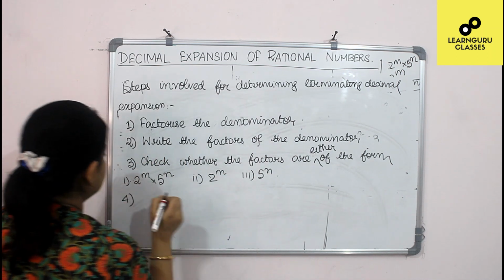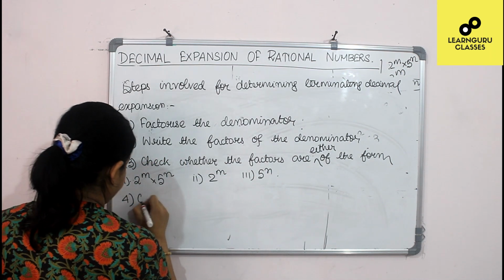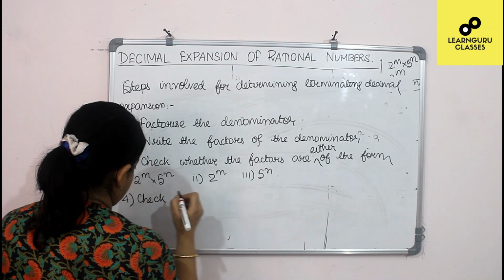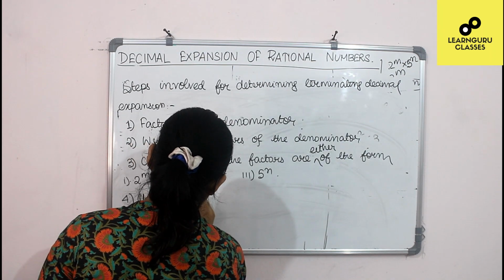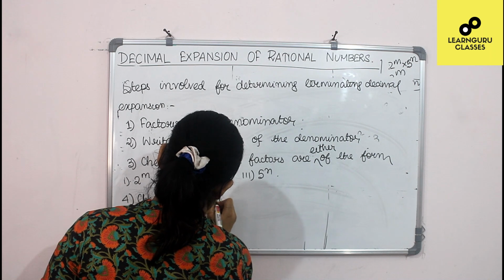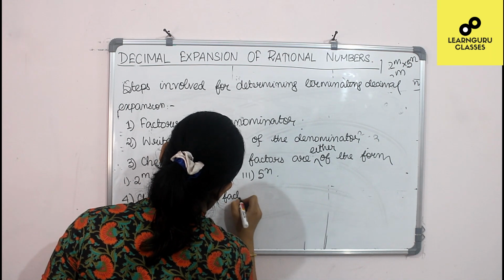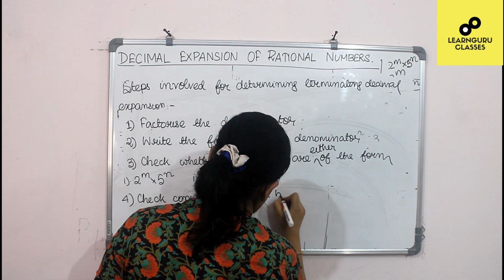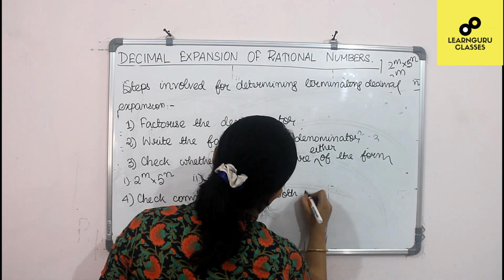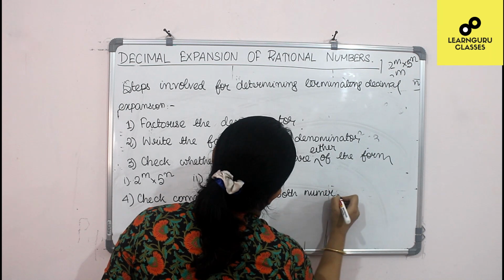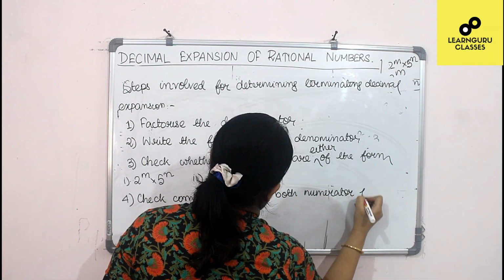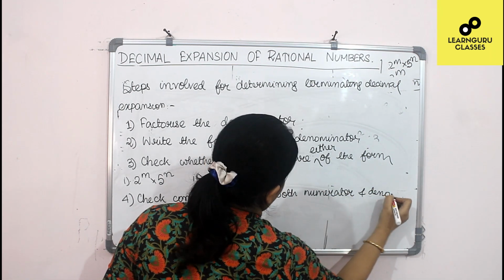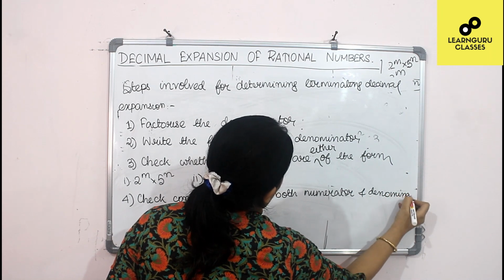And fourth is to check common factors in both numerator and denominator. So all these 4 points you have to keep in mind.